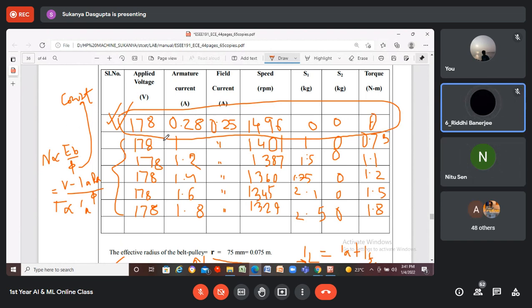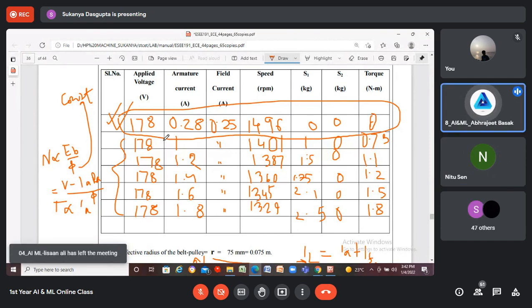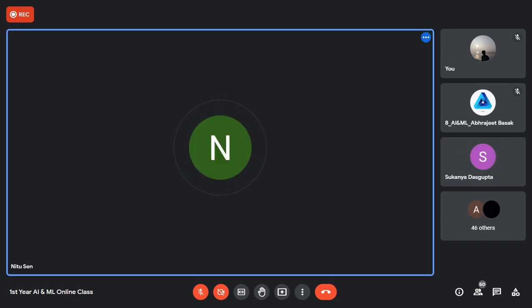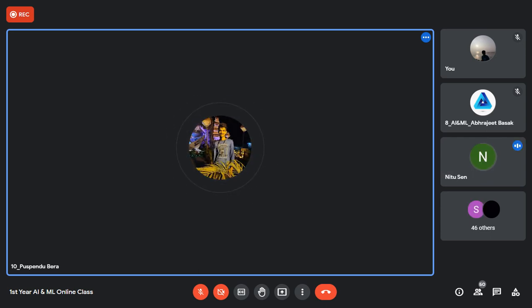Present, ma'am. 7, Shubhranil Banerjee. Absent. 8. Present, ma'am. 9, Shoham Basu. Absent. 10. Present, ma'am.